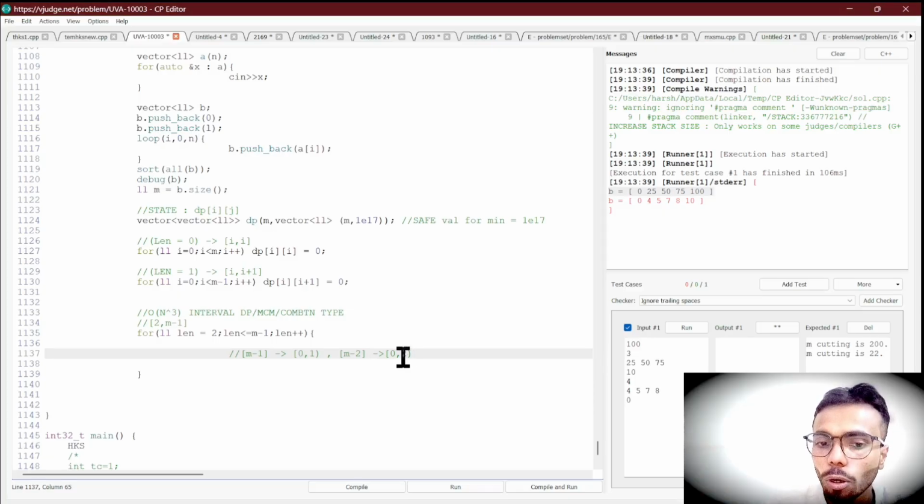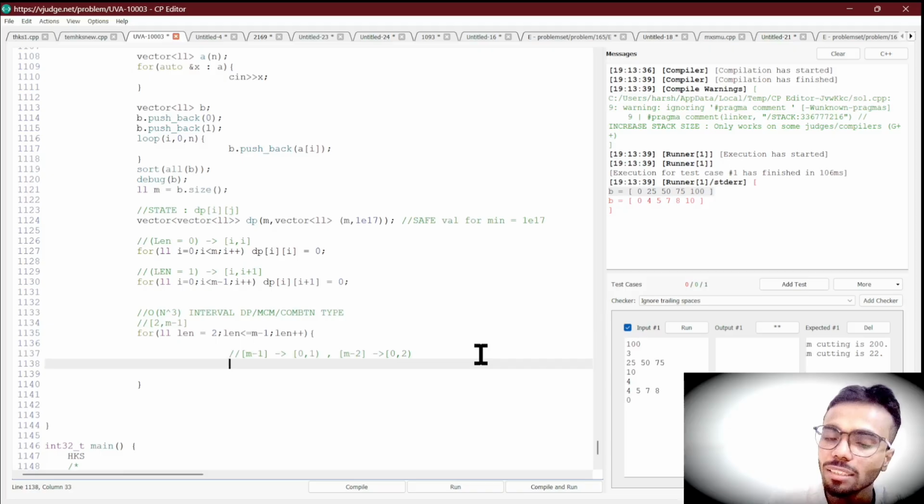So this is 0 to 2, where 2 is not included. This is the generic starting indices: 0 and 1 are the starting indices if the length is m minus 2. So for any general length, what could be my starting indices? Can I say that it is 0?